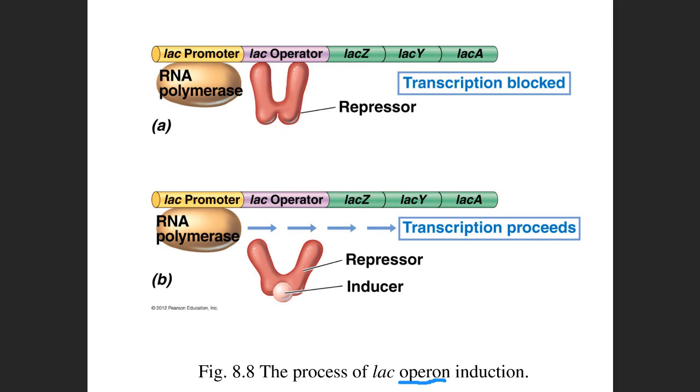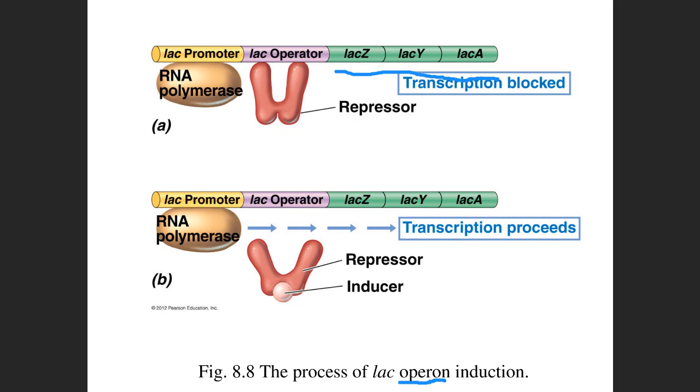Structural genes are the genes that encode an end product, and typically those products are proteins. In this case, the structural genes are lacZYA. LacZ is beta-galactosidase, the enzyme. LacY is the permease. Those are the two most important genes.